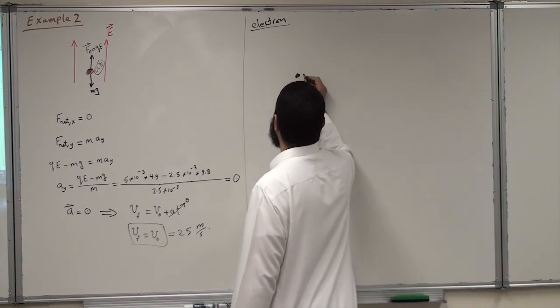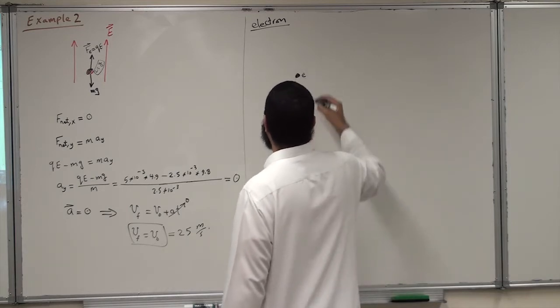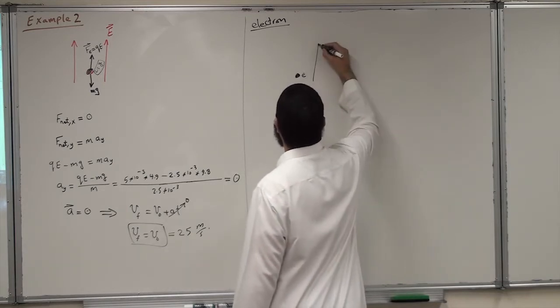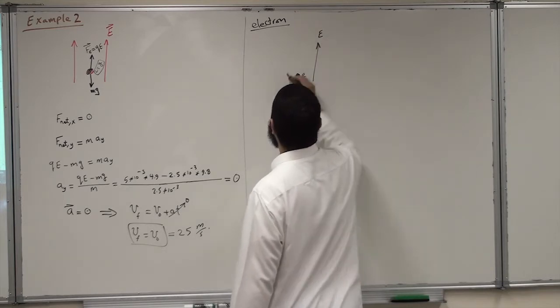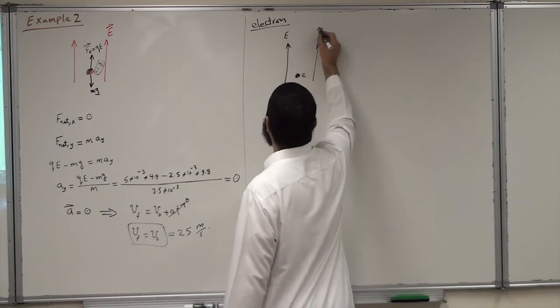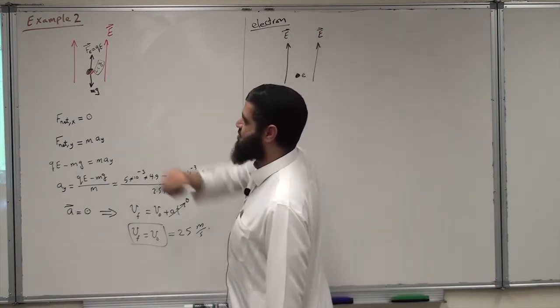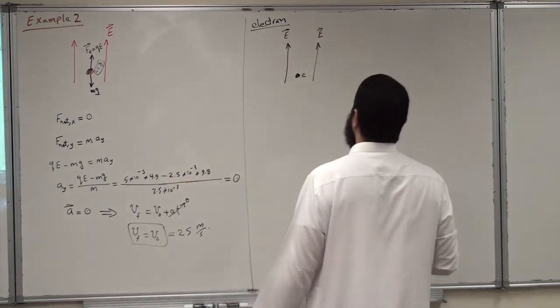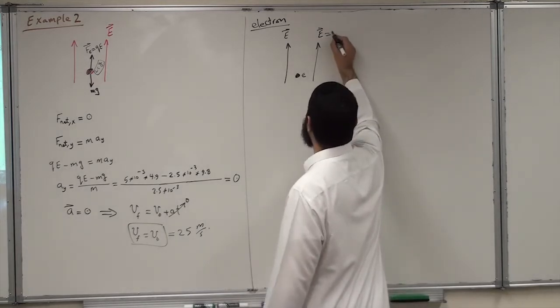So this is the electron, and we have the electric field upward. It is a uniform electric field and it is upward. It has a magnitude of 4.9 Newton per coulomb.